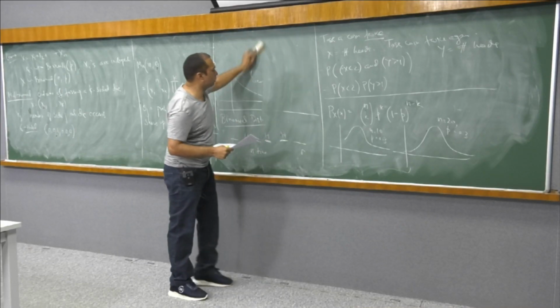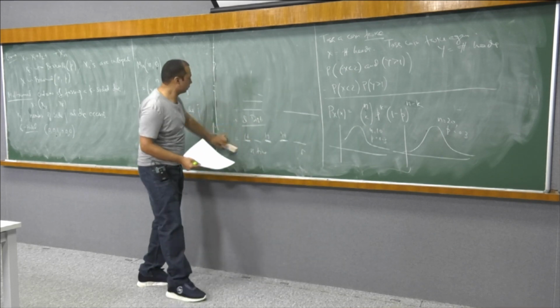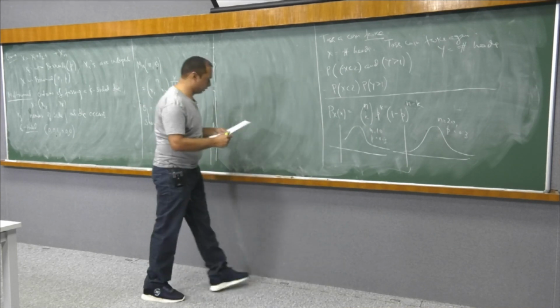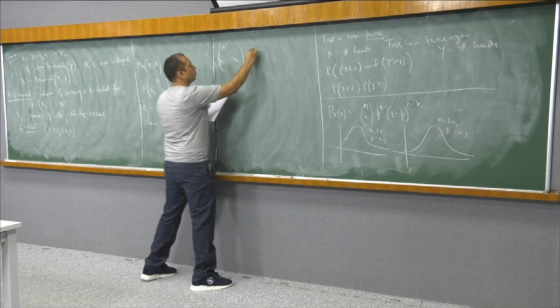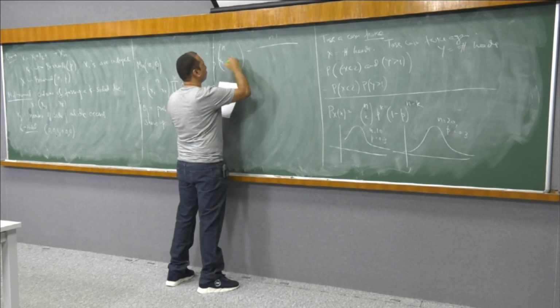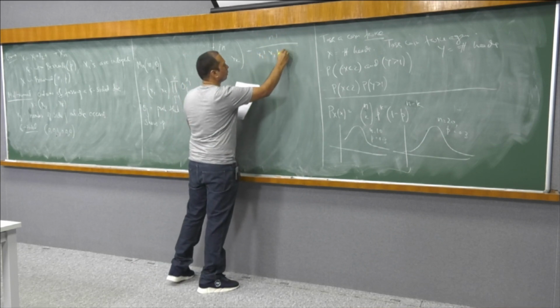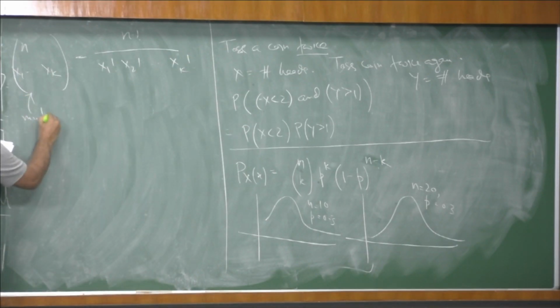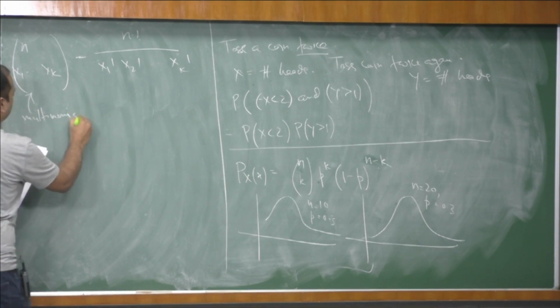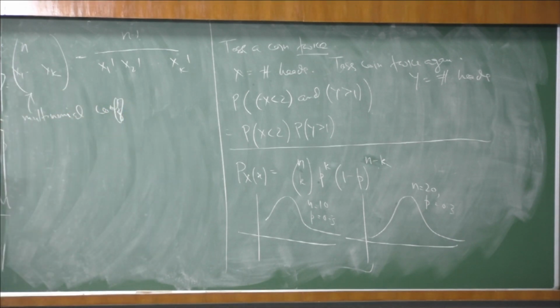Just like the binomial coefficient n choose k, we generalize that to multinomial. It is defined to be n factorial divided by x1 factorial, x2 factorial, up to xk factorial. This is called the multinomial coefficient, and it can be seen as the number of ways you can divide a set of size n into k parts.